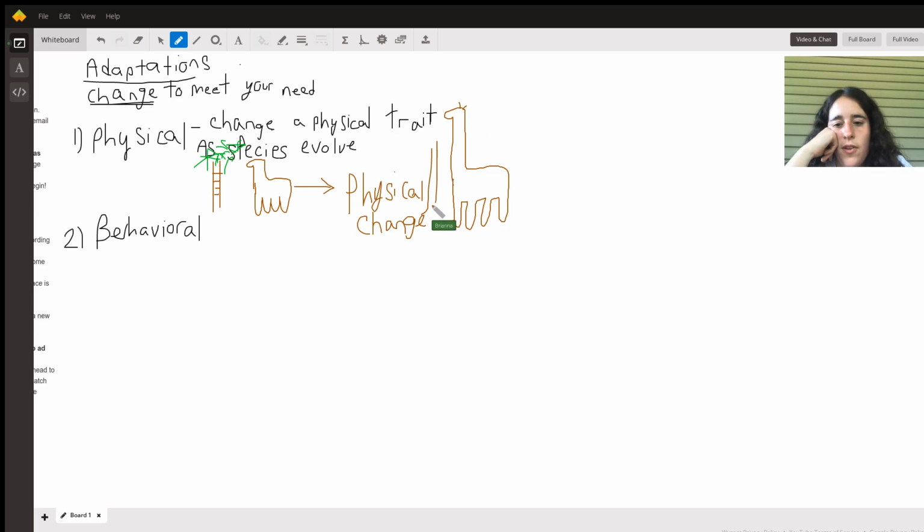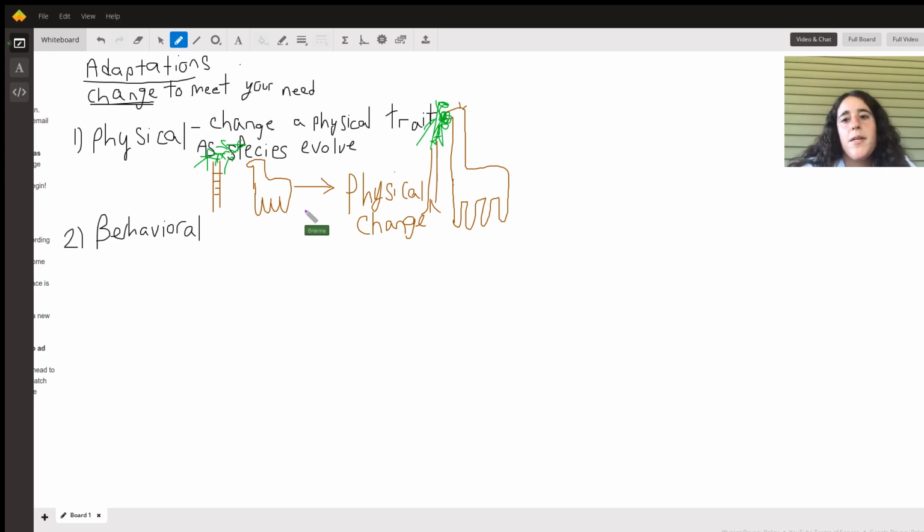Now, if there's a taller tree, this giraffe can eat all of those tall leaves. He changed a physical trait. This is a physical adaptation. This happens over time.